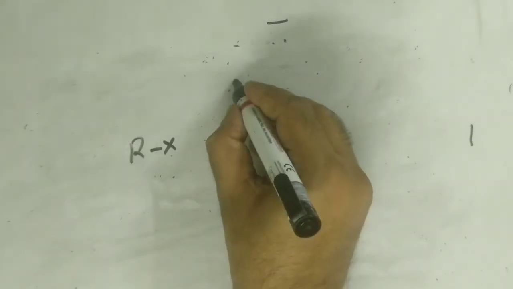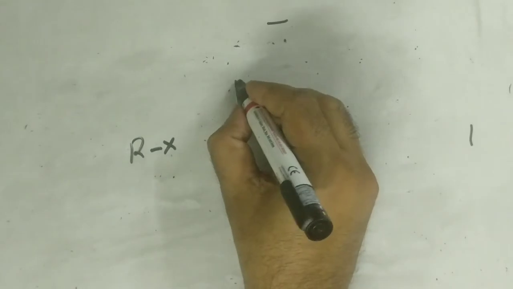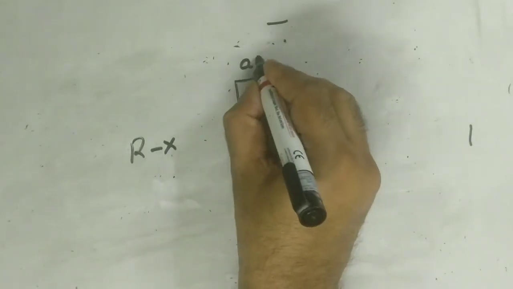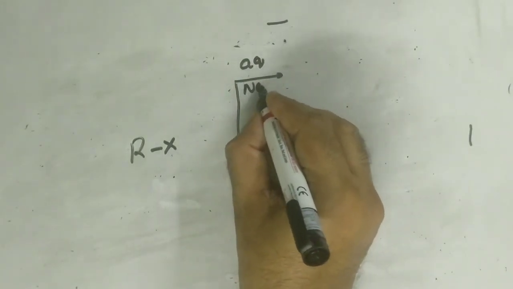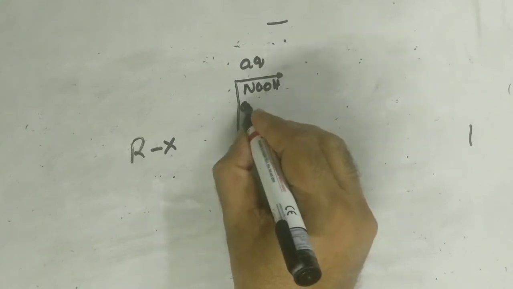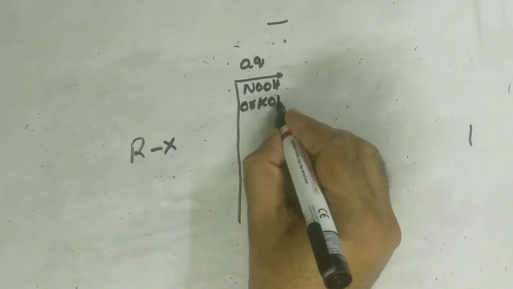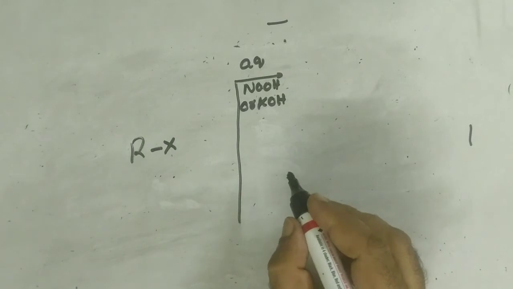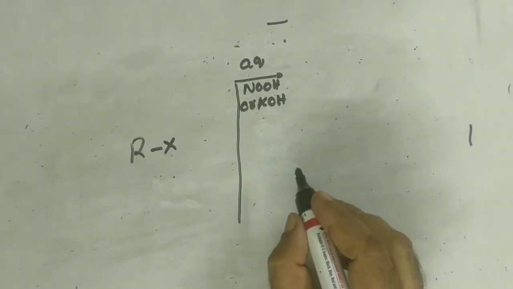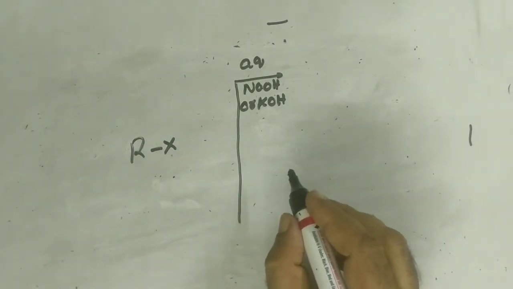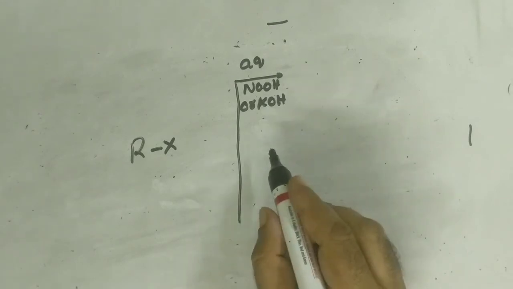So for today's class, I'll be reacting an alkyl halide with aqueous NaOH, or you can use KOH. It will be a substitution reaction, though you have just seen that if you use alcoholic KOH, there will be an elimination, but with aqueous KOH, there will be a substitution. We'll discuss it later on.